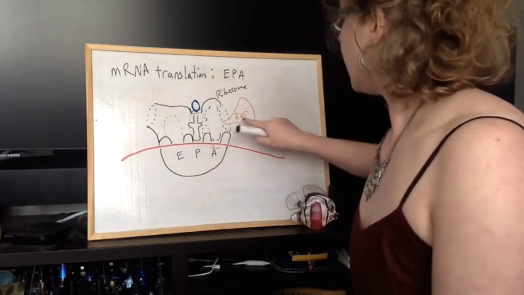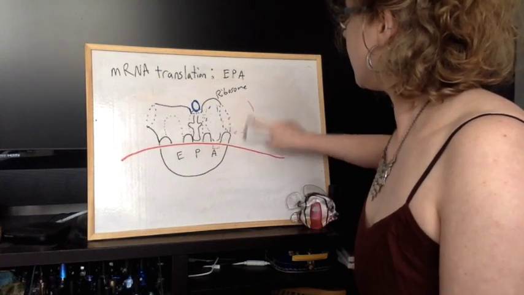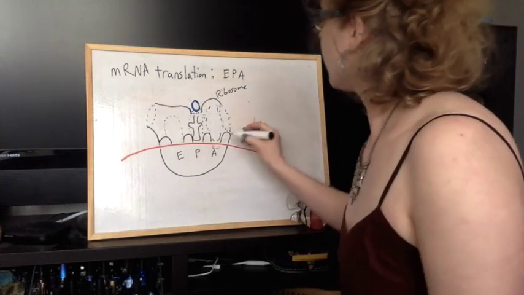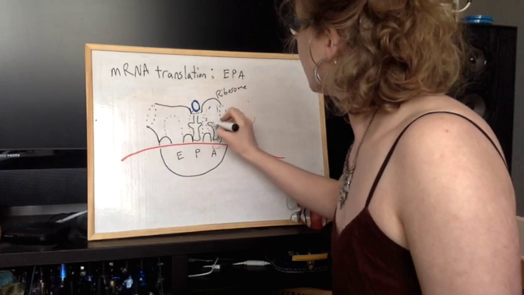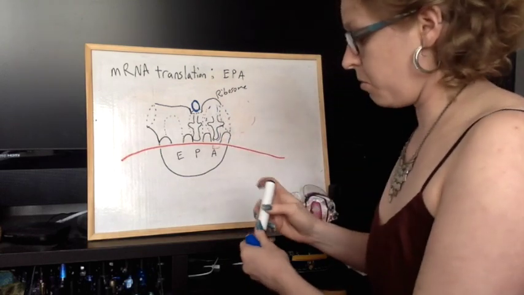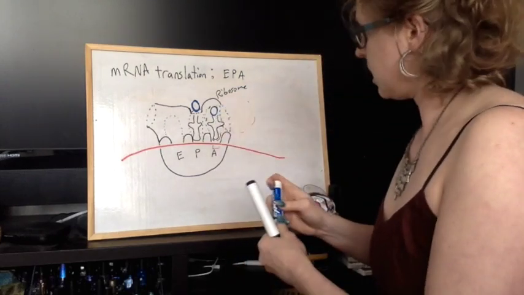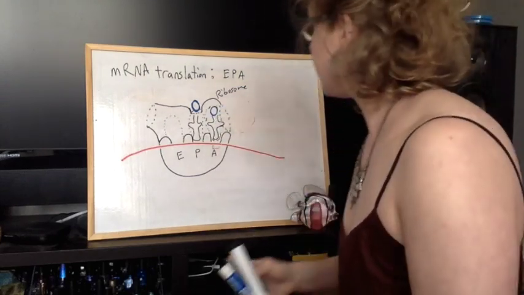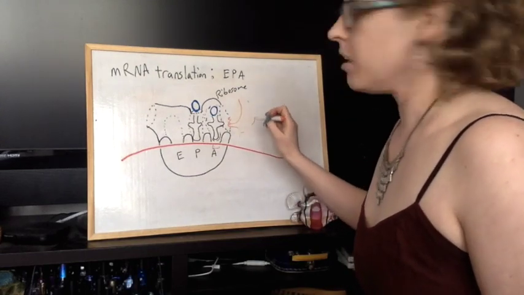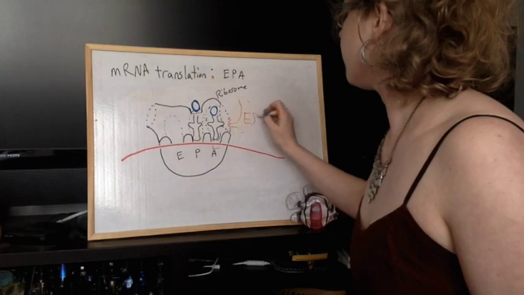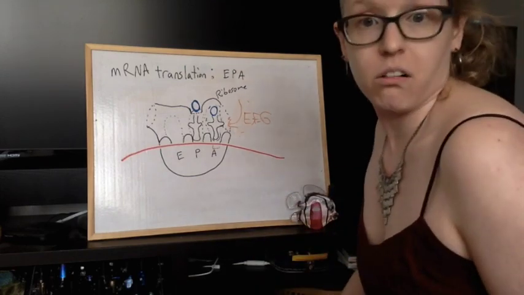And another tRNA will come in here and maybe it will fit. If it fits, it'll get pushed again by elongation factor G. Maybe G for go.